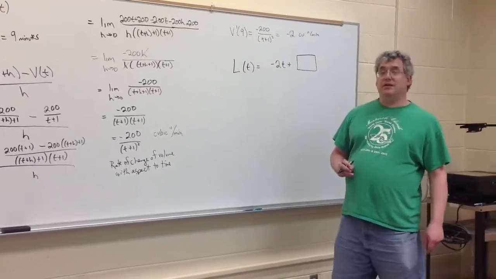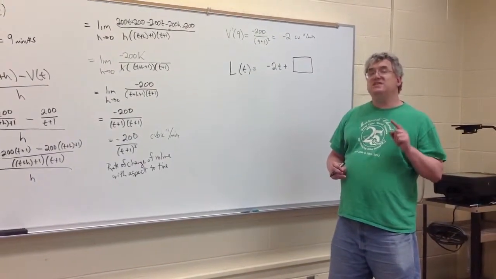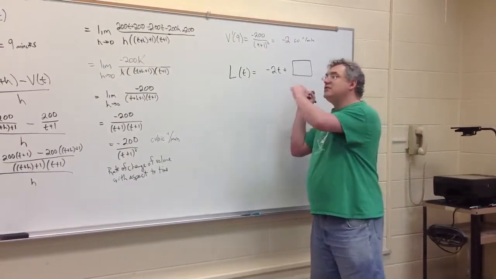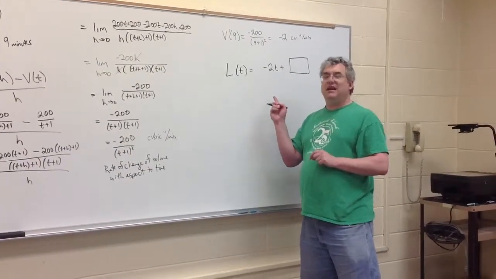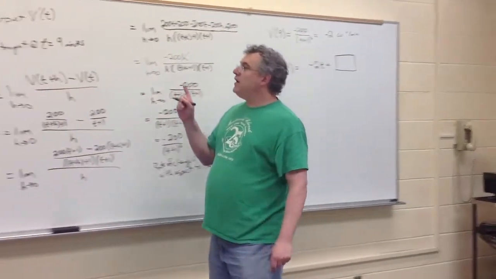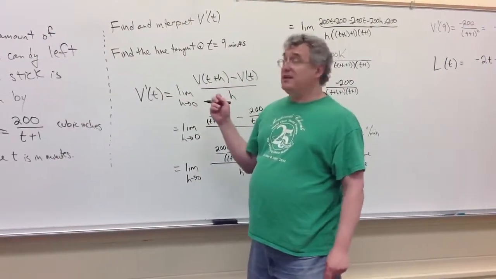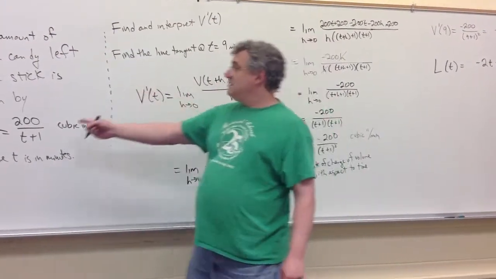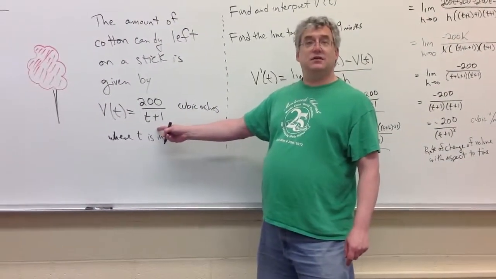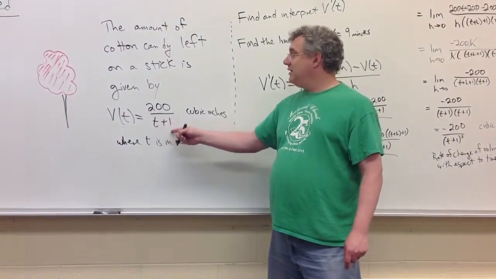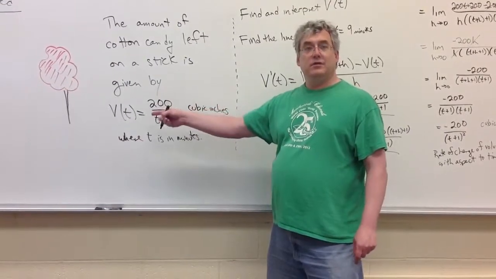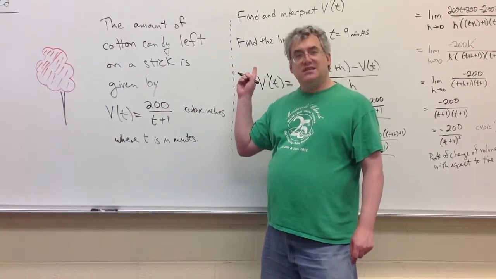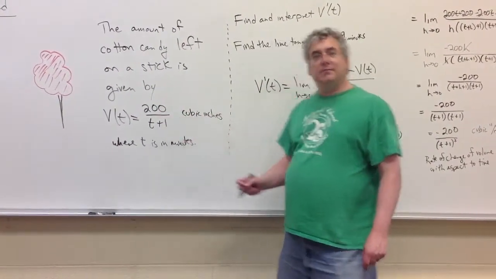How do you find that something? Well, if I use a point slope form, I can just plug in the original point. And if I haven't, then I have to figure it out. But what I want to do now is then figure out what that original point is. At 9 minutes, how much cotton candy is left? Plug a 9 in here. I get 20. So at 9, when t is 9, v is 20.